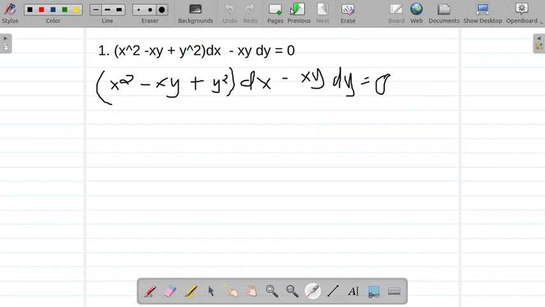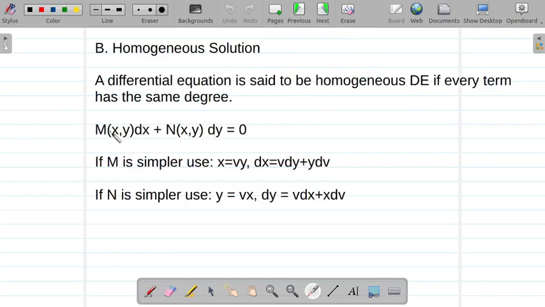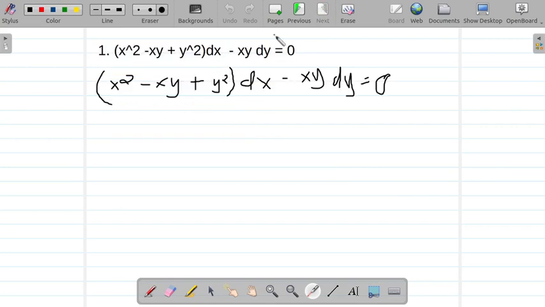Then you can set this as m of x and y dx plus n of x and y dy. So ang dx is m, this is m, and kaning dy is n. So in this equation, ang masayon isolve is kaning n. So n is simpler.